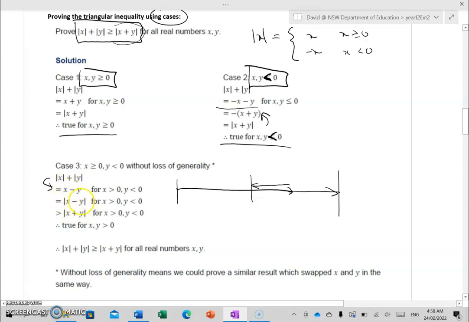And now, I'm trying to work out how they went from here to here. I think the key is that y is negative. Yeah, so if you subtract a negative, it's actually bigger than adding a negative. So subtracting a negative is bigger than adding a negative, and that's why we can go from there to there.